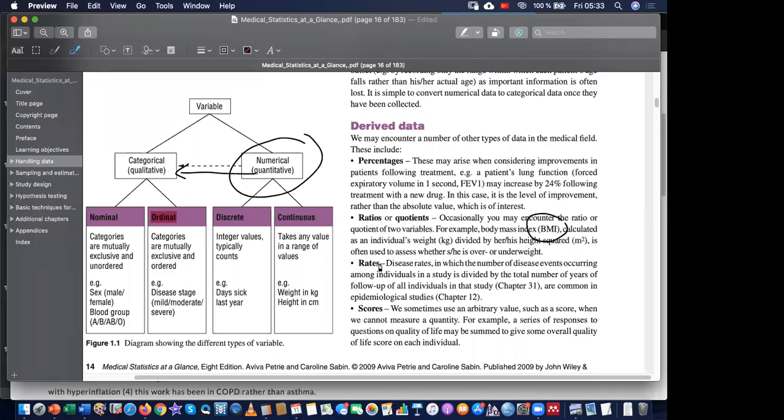Then we have the rates. What is a rate? If you have a rate, you should be speaking of time. Rate is a ratio expressed over time.